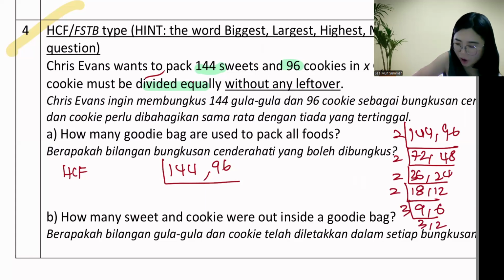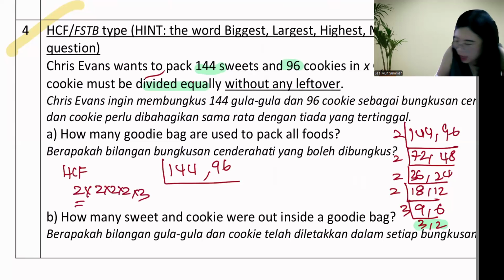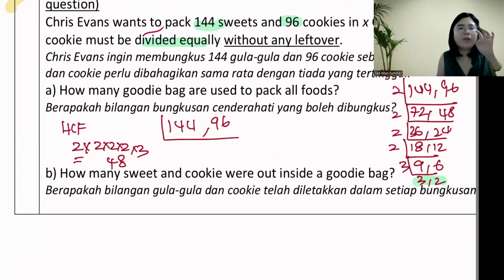Yes, and then you divide until it can no longer be divided together, because it is HCF. So you multiply all these together. My HCF equals all these multiplied together: 2 times 2 times 2 times 2 times 3. So the answer would be 48, correct. Meaning they can divide all the sweets and also the cookies into 48 packets.